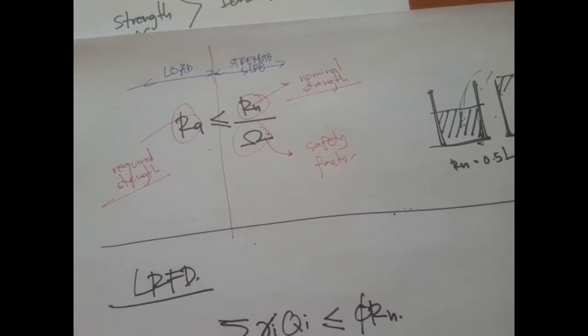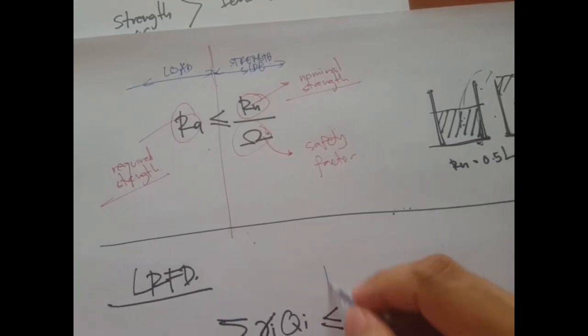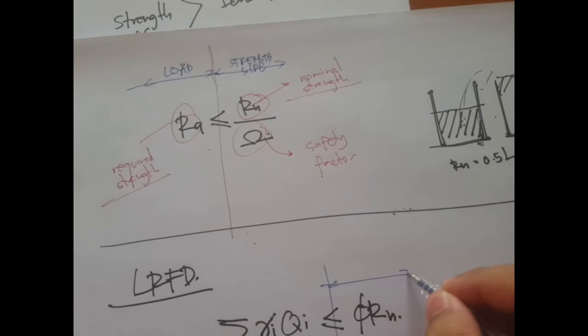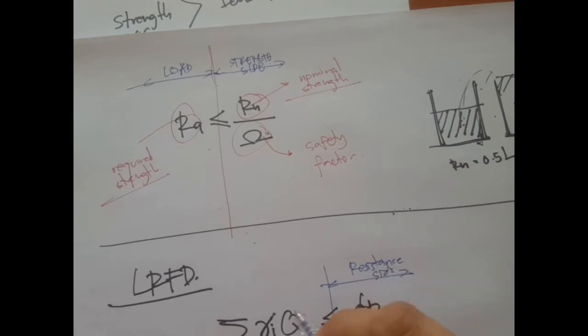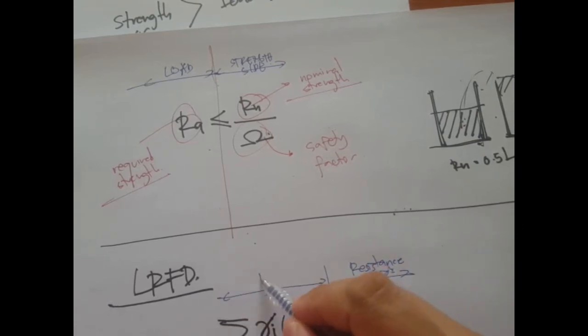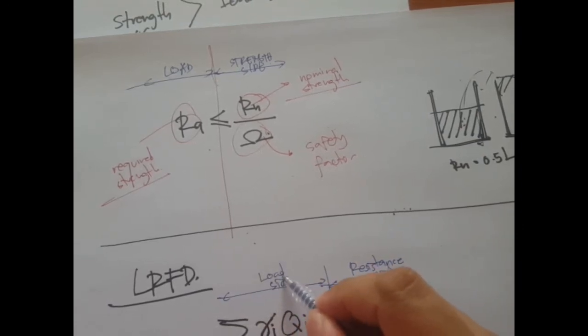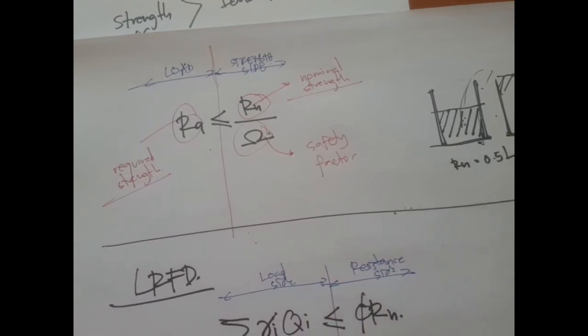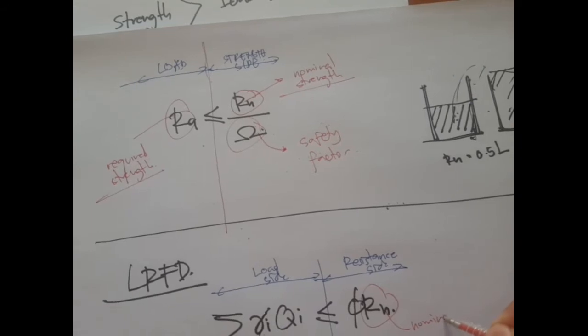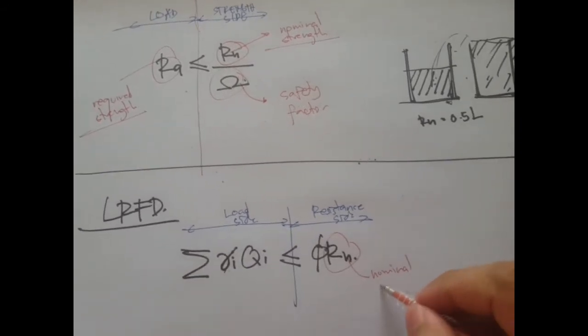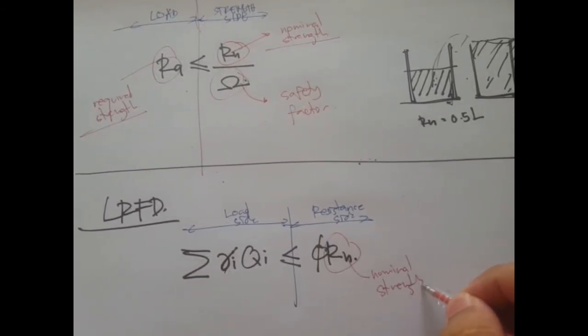Again, if we delineate this, this is the resistance side, or strength side, and the one on the left is the load side. The Rn is the nominal strength, and these are the loads.